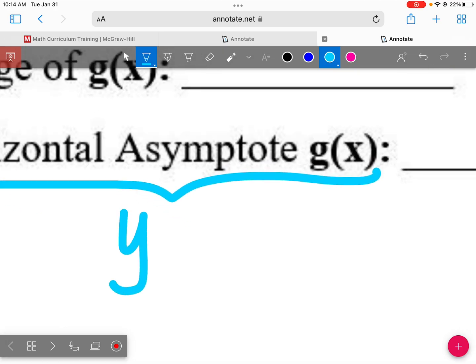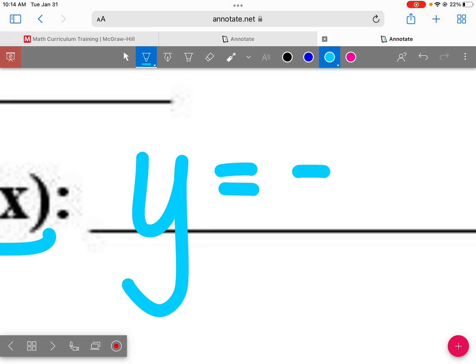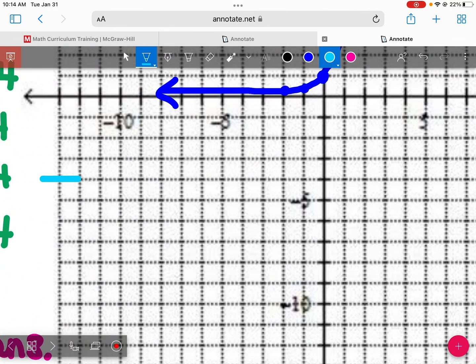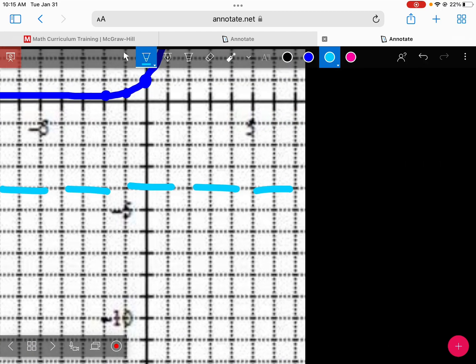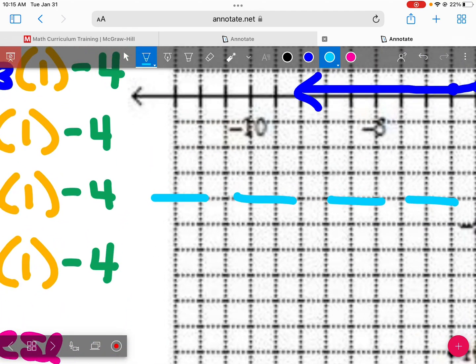This is going to be y equals whatever my k value is. What was our k value here? So y equals negative 4. So I go to the y-axis, I find negative 4, and it goes straight across here. That is y equals negative 4.